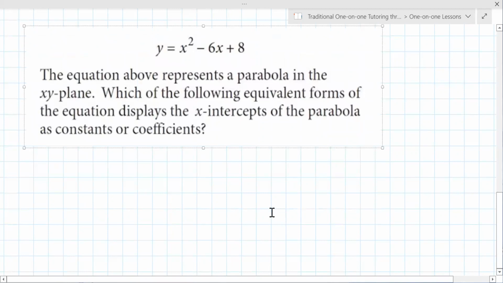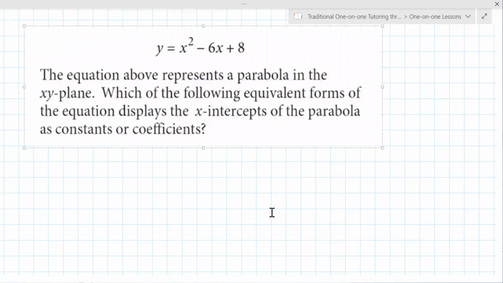So go ahead and read this problem and let me know what you think it's asking for. What do you think? What is this asking for here?